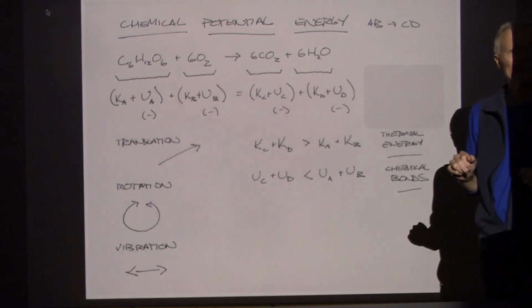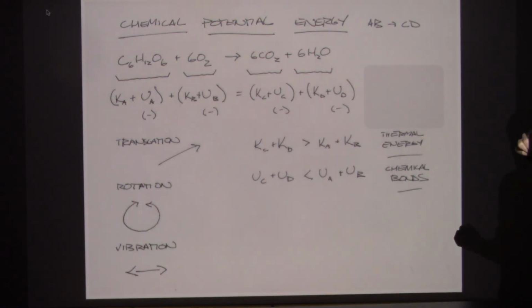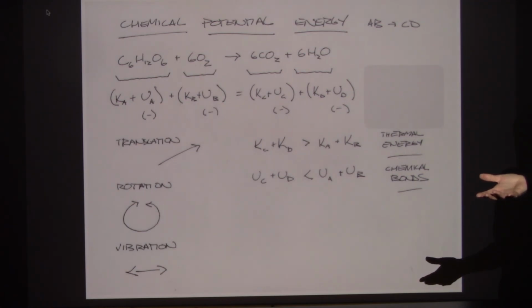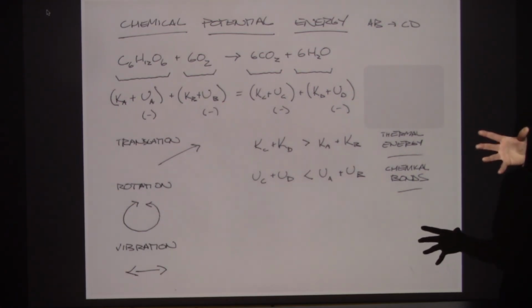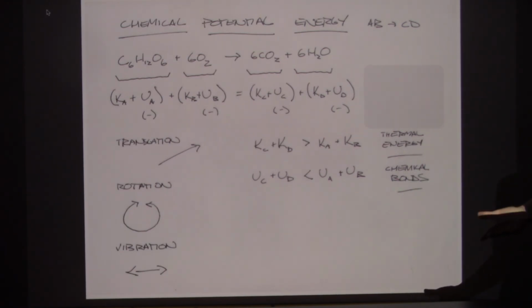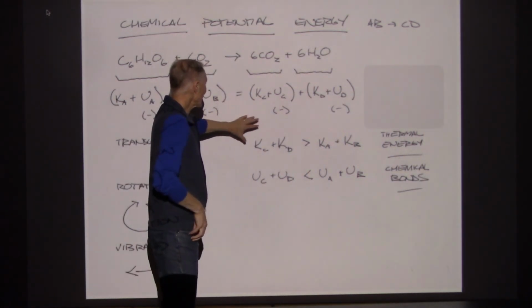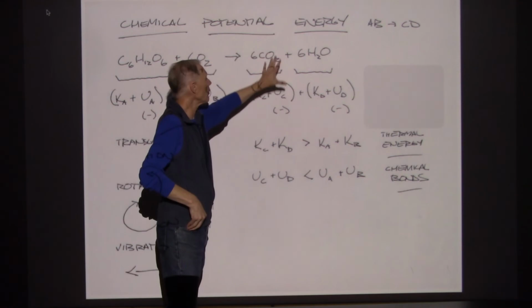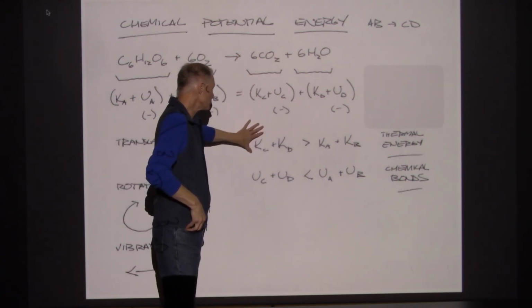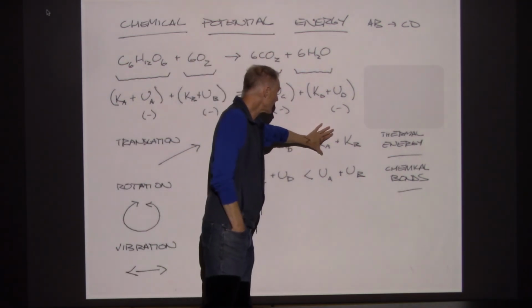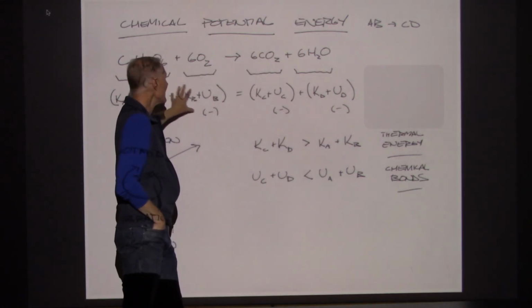More stable means that the electrons on average are able to get closer to the nuclei. So a more stable chemical bond just means that the electrons and the nuclei are able to get closer to each other, and the overall potential energy goes more negative. And so at the end of the day, in this reaction, the kinetic energies of all the products are much, much higher than the kinetic energies going in.